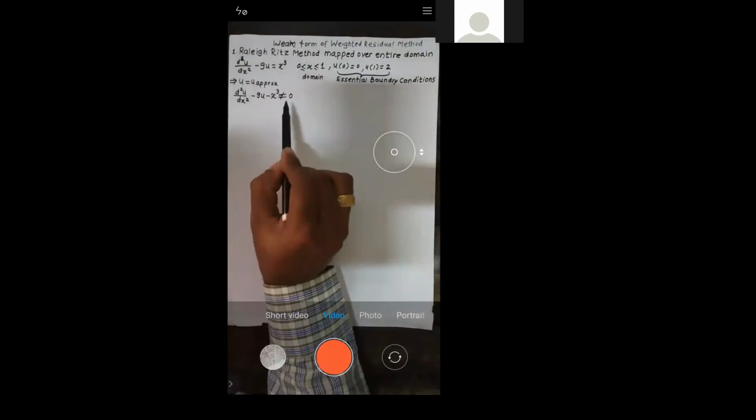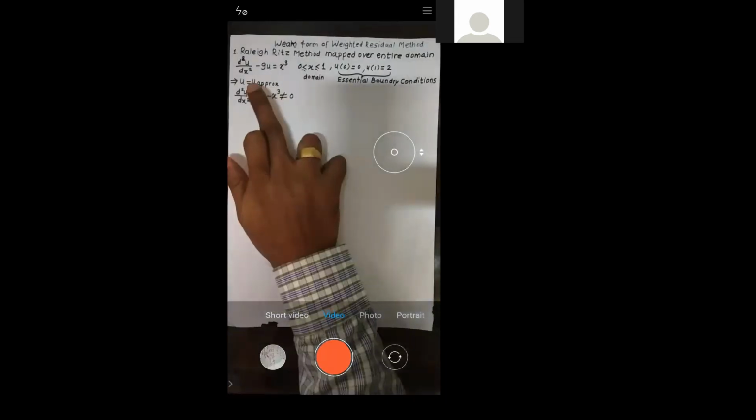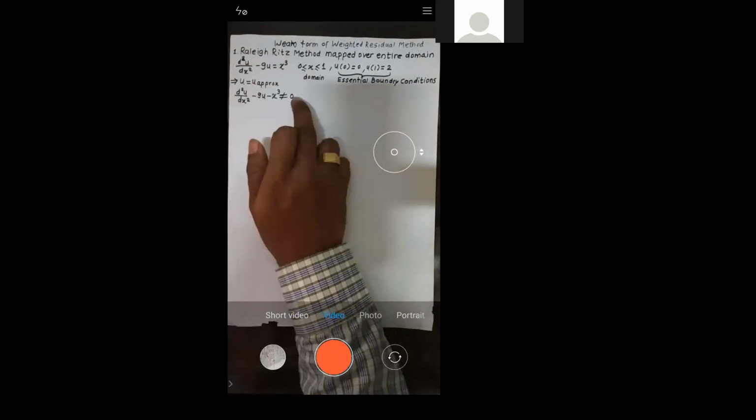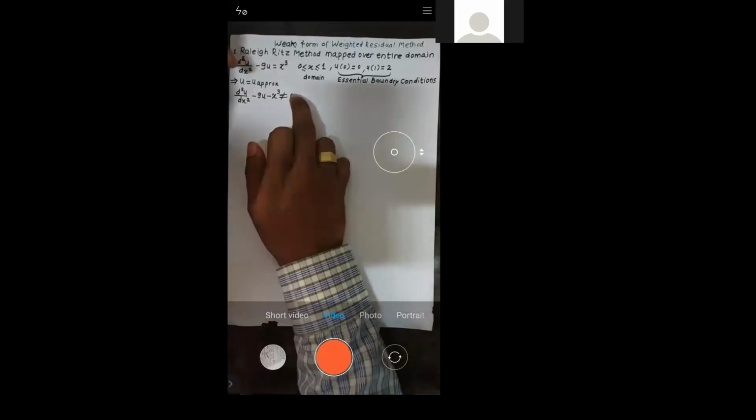But the solution which you assume is an approximate solution. That's why you will not get the right hand side equal to 0.